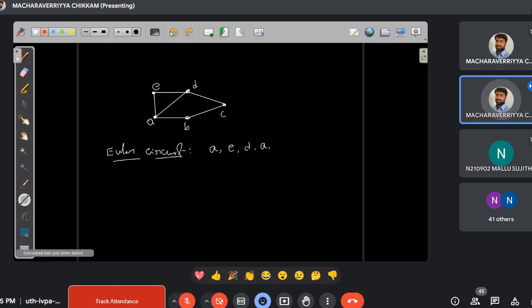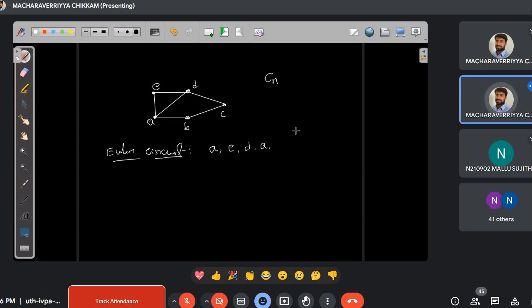So I need a graph which has both an Euler circuit and a Hamilton circuit. Suppose you take a cycle Cn. Cn has an Euler circuit and a Hamilton circuit, and both are the same in this case.